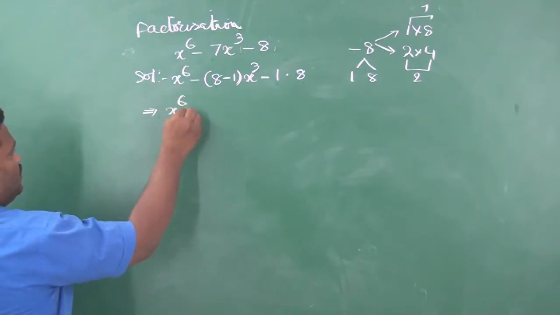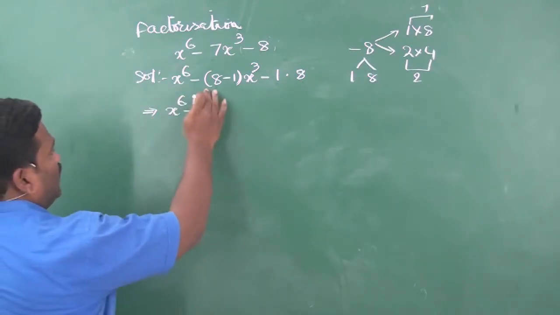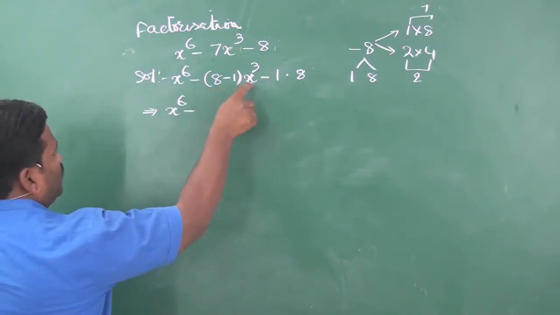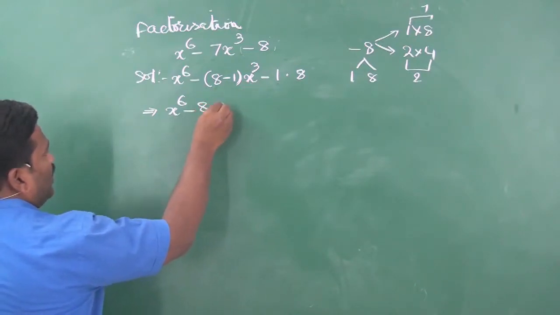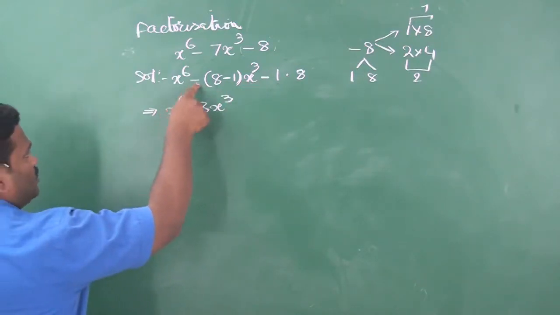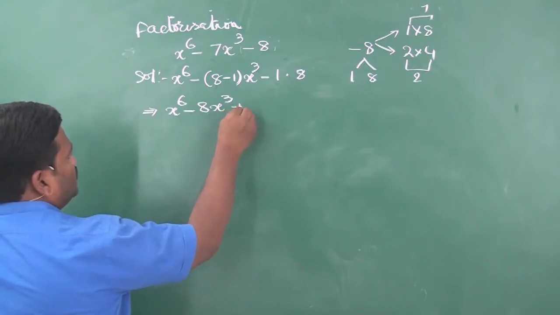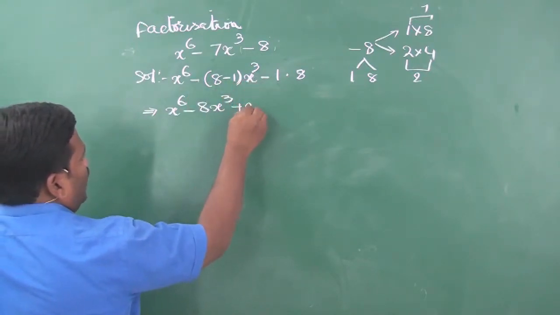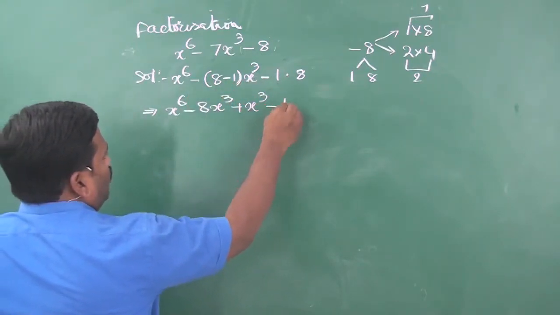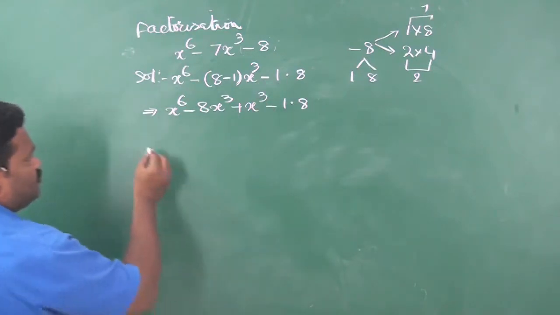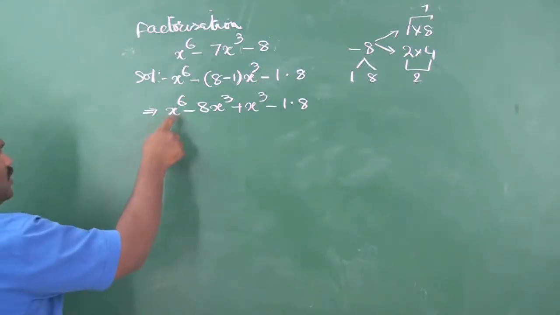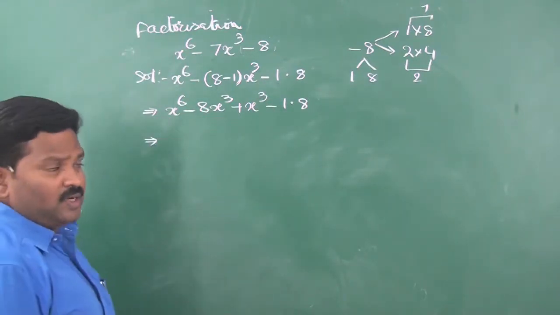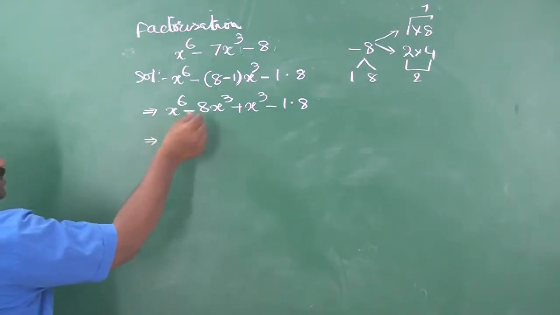x power 6 minus, multiply with x cube, 8 into x cube, minus into minus, plus 1 into x cube, into 1 into 8. In these two, what can you take common? We have x power 6 and x cube.